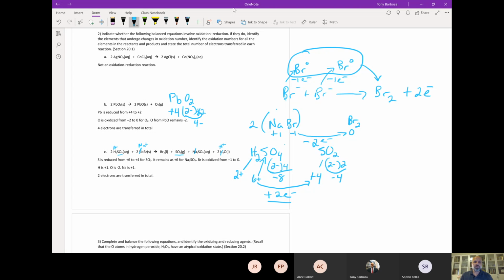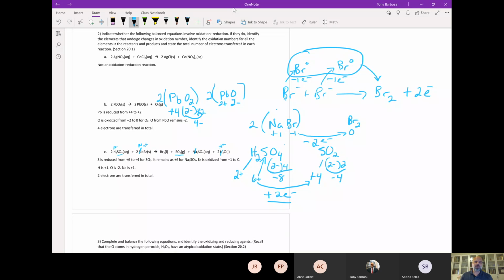Then we have our lead here. I'm going to draw the whole thing out. I know you're just asking about oxygen, but I'm going to draw the whole thing for others who might want to know. So this is going to be a 2-, so this lead is now going to be a 2+ charge. You can see that the lead is going from a 4+ to a 2+. And we have 2 of these, just like we have 2 of these. So overall, we see a transfer occurring between each of these.